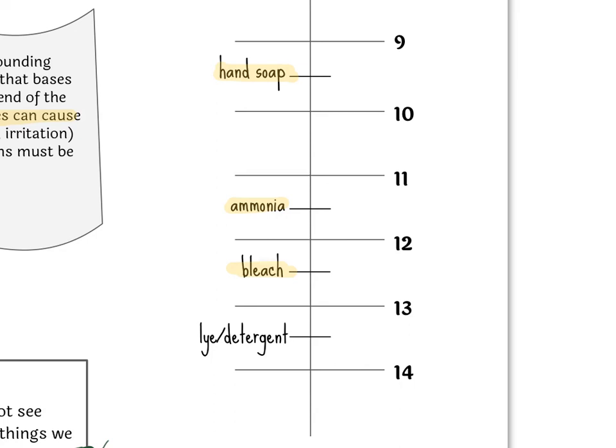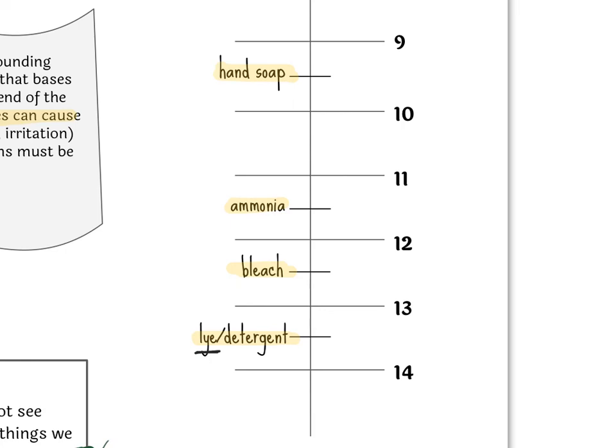It's a base, so it could still cause irritation to your skin if you get it directly on your skin and it's not diluted with water at all. And then one of the most basic compounds you could have is lye or detergent. Back in the olden days, they used lye to make types of body soap, but they don't anymore because it's very basic and it could cause some irritation if you have sensitive skin.